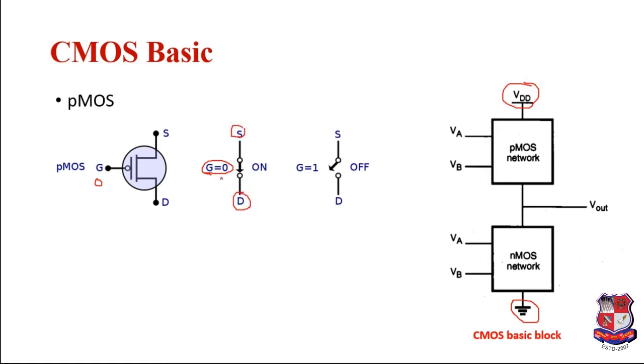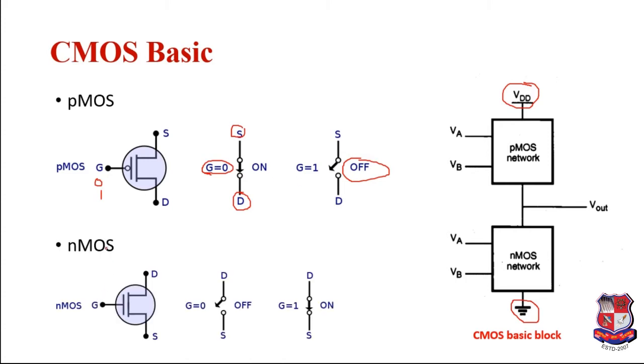Similarly, if we have a logic 1 at the gate of the PMOS transistor, then the PMOS transistor is turned off, and it is represented by an open circuit between source and drain. So this is how the PMOS works.